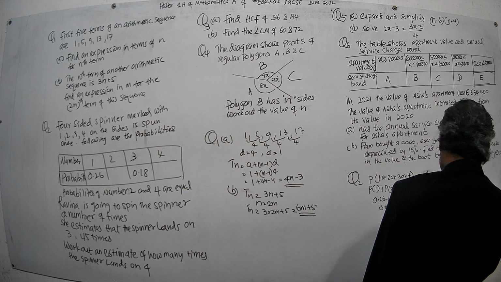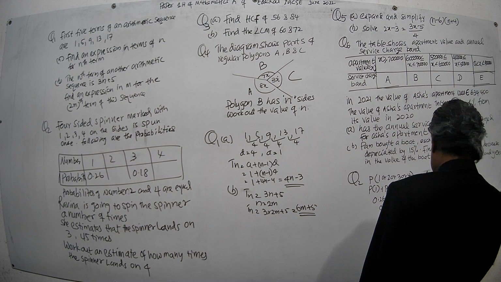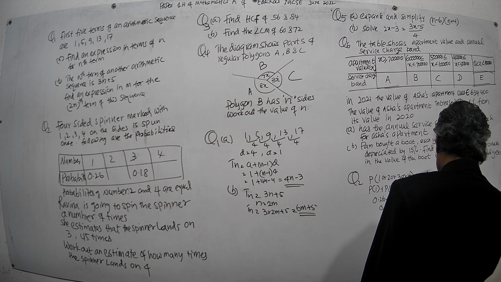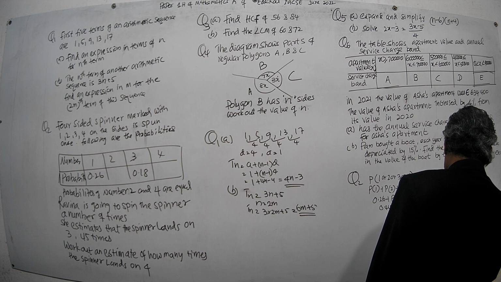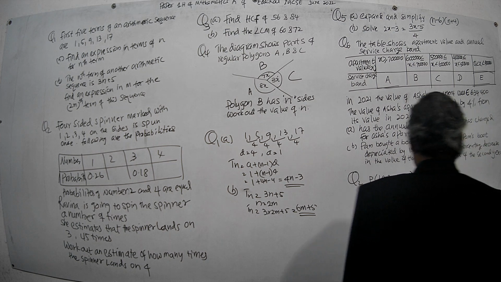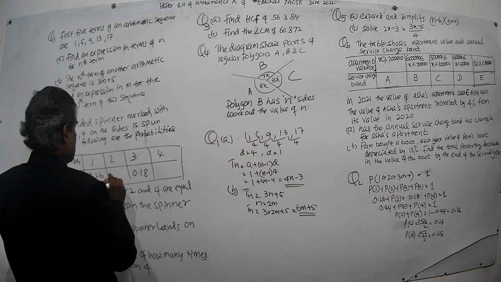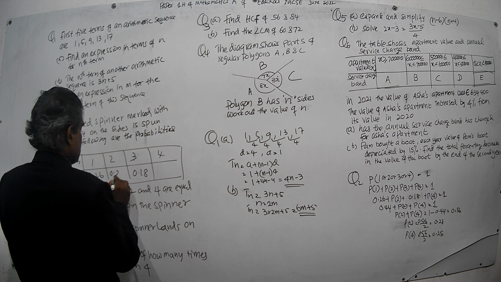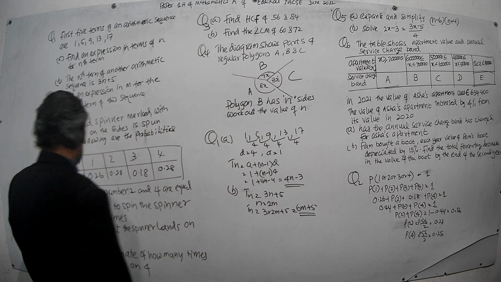That will be how much? 0.28. Then P4 also equals 0.56 divided by 2 equals 0.28. Okay. Now we have found the probabilities of 2 and 4. That will be 0.28 and 0.28.